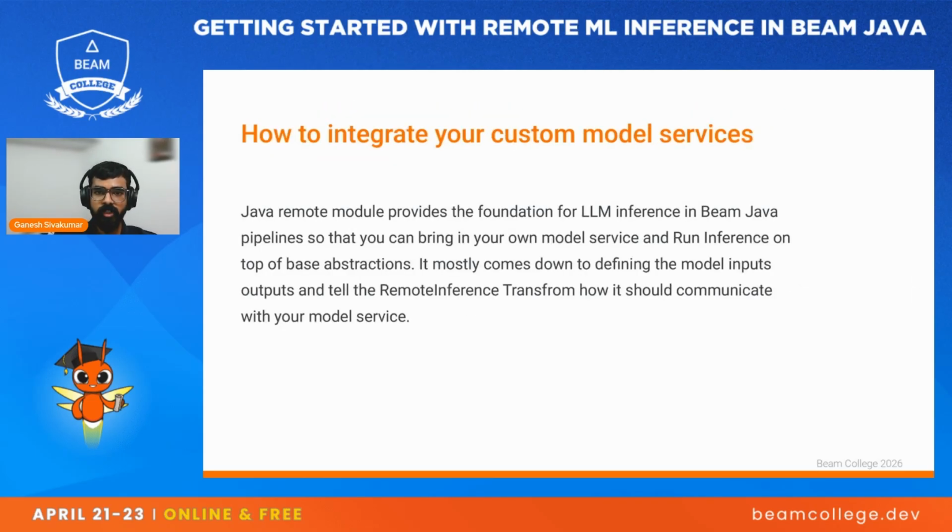So Beam currently provides the OpenAI module as a model handler. If you'd like to integrate your own custom model services, here is how you do it. The Beam remote module already has the foundation needed for inference. Your goal here is to tell the transform how your model service works and how to interact with it.